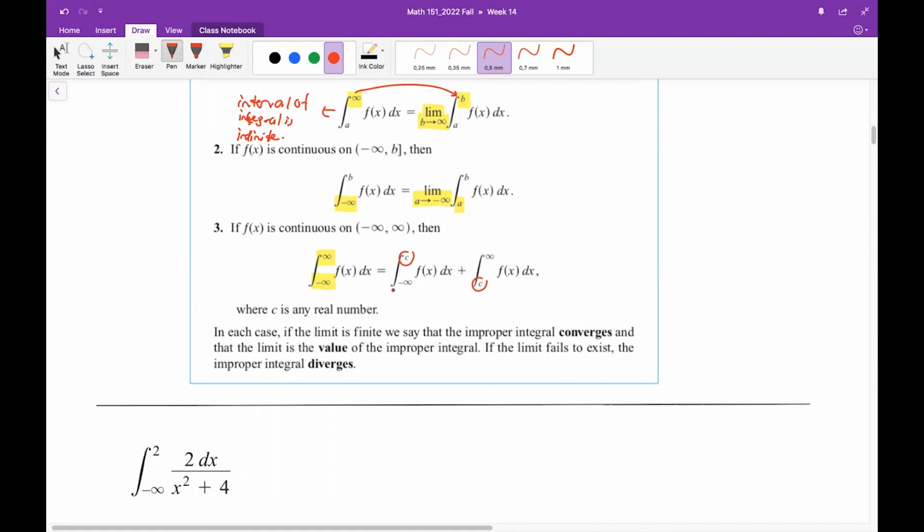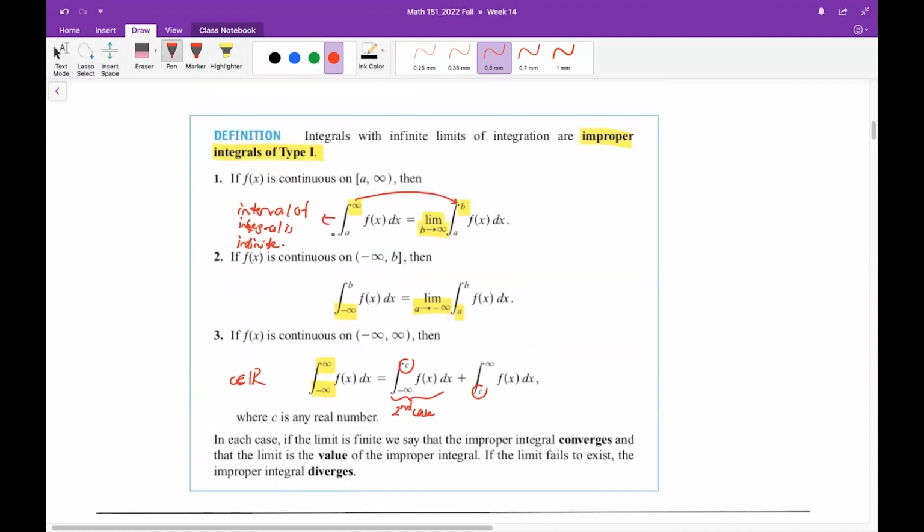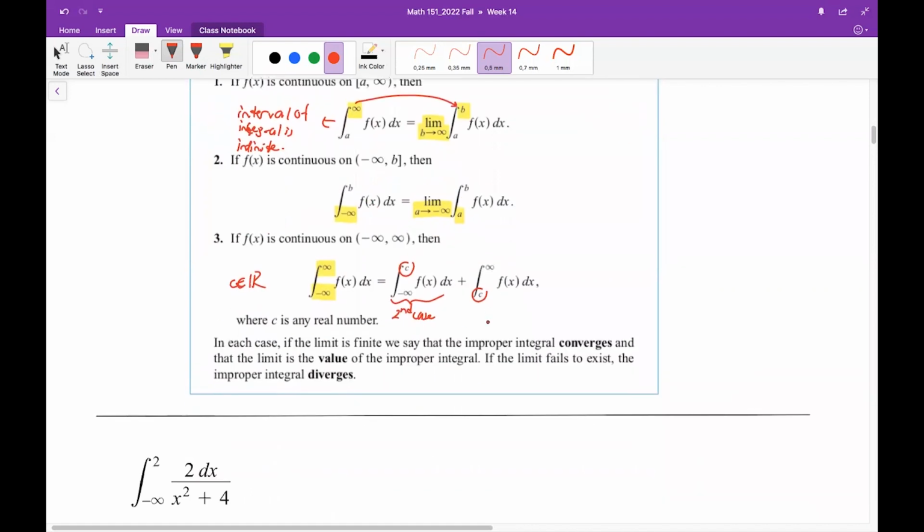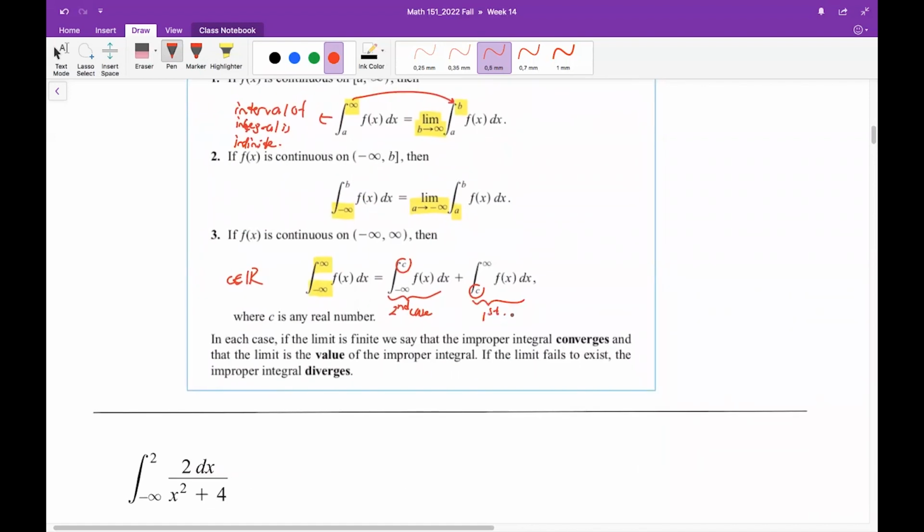Then you see that the first term looks exactly like the second case that we have covered above. By the way, here c is a real number, and the second term looks exactly like the first case. That's why we know how to handle them. For the first term, you can just put some variable for the minus infinity part, as we did in the second case.